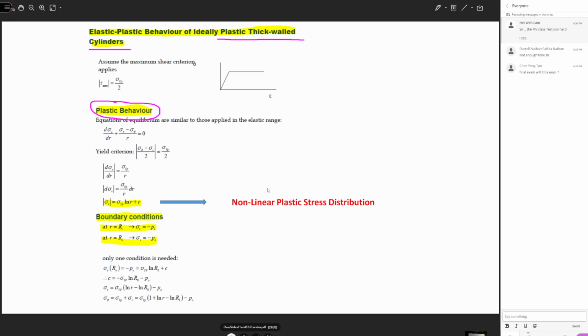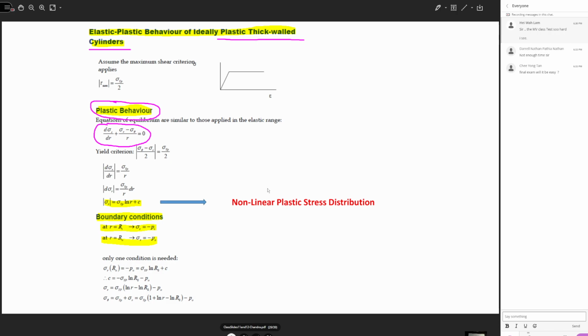Then the governing equation we can write as d sigma r over dr, which is how the radial stress varies with the radius, plus sigma r minus sigma theta over r. This should be 0 for equilibrium conditions. The sum of the forces and the sum of the moments acting on the system must be 0. So by applying this for plastic behavior, we can write this expression.